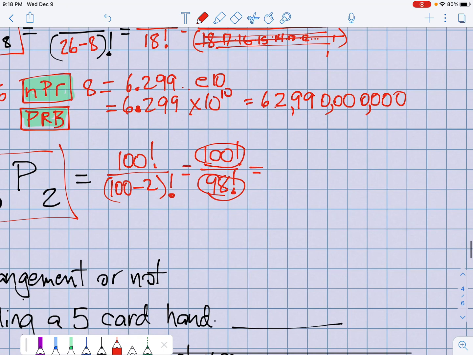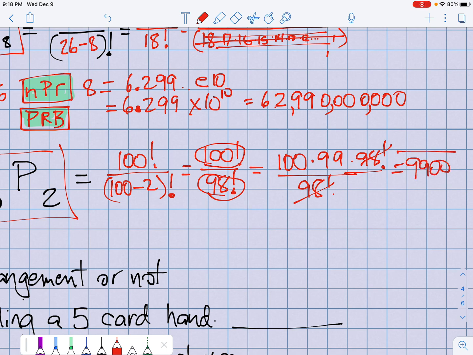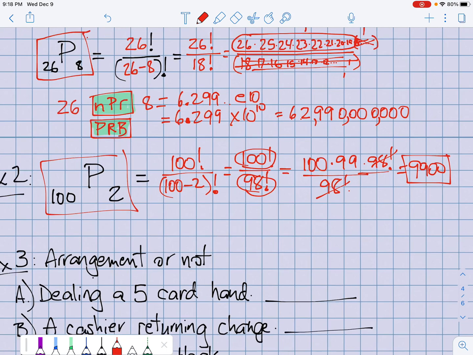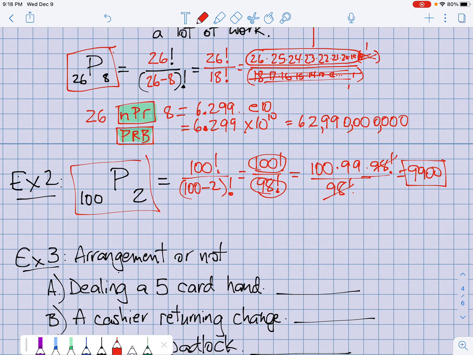Well, each of those tails cancel, and the things that are left upstairs is the 100 and the 99. But the 98 factorial cancels with this 98 factorial. And so they're gone. So all I'm left with is 9900. So there's a way to do these calculations, sometimes really fast, if you know what you're looking for.